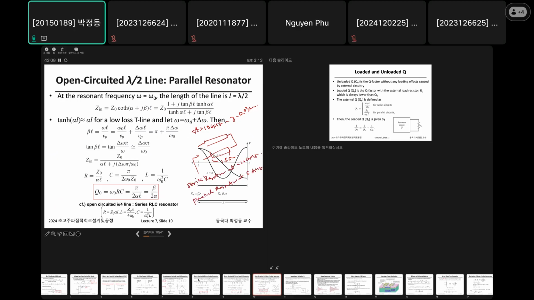You understand? At 5 gigahertz, what is lambda? It's 0.06 meter, right? What is 1.5 centimeters for this? It is lambda over 4.